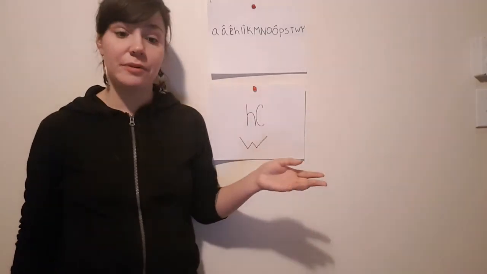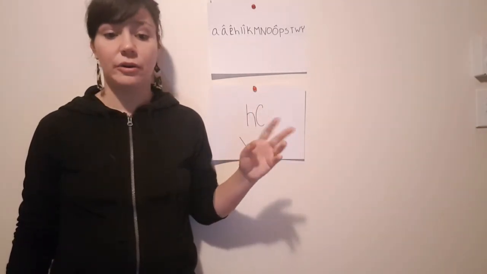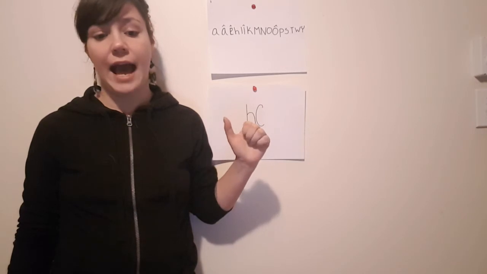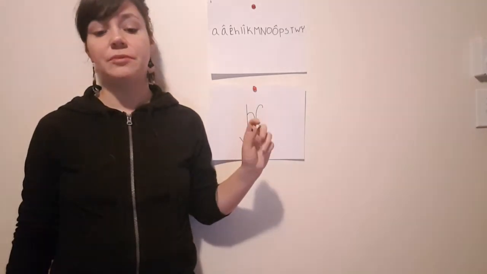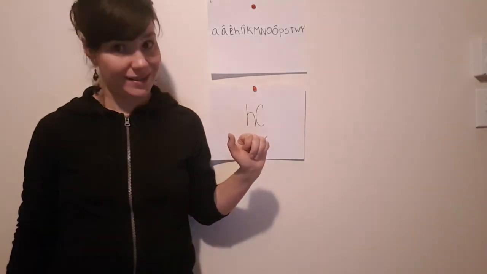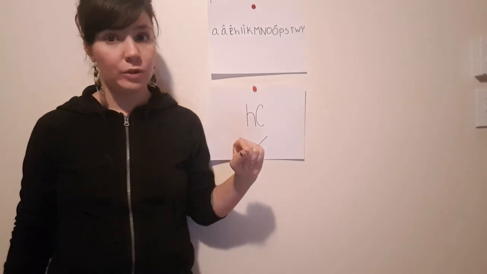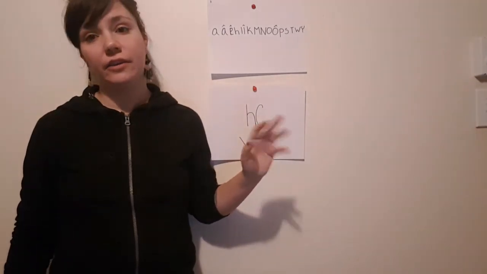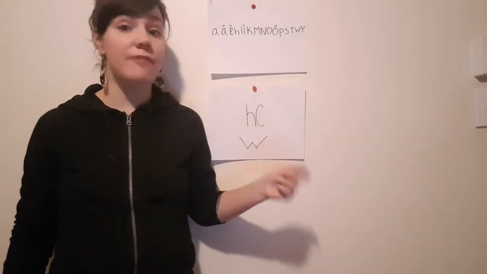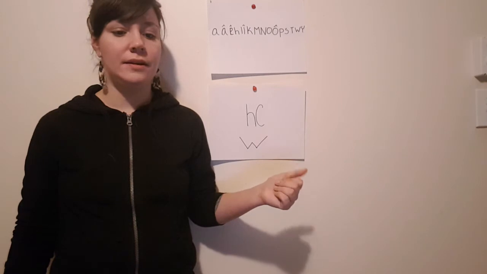So AW is pronounced, whether it's long or short, like ow. So really the only one that changes is the long A, which is no longer fa, it's ow, like wow.